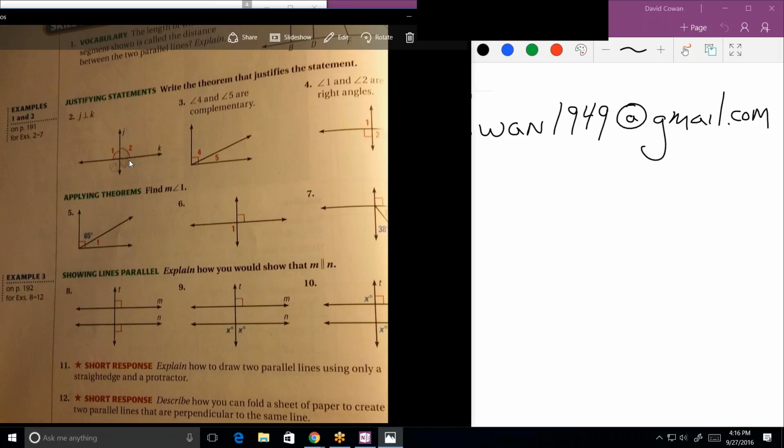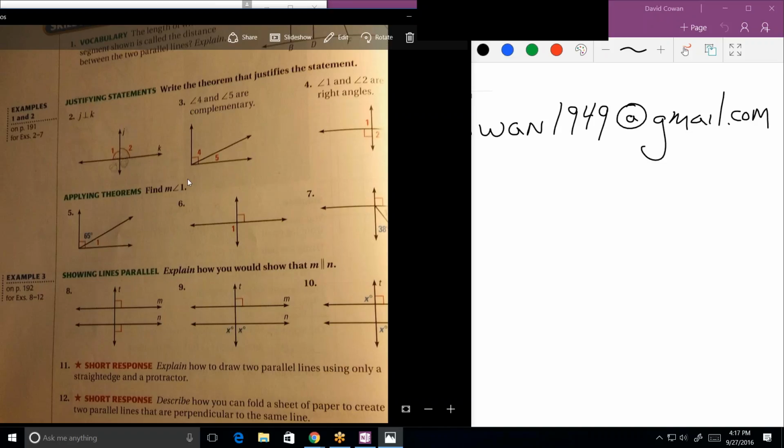If that angle is a right angle, and it is, we can confirm that the ray pointing up is perpendicular to the ray going to the right, because it is a right angle.